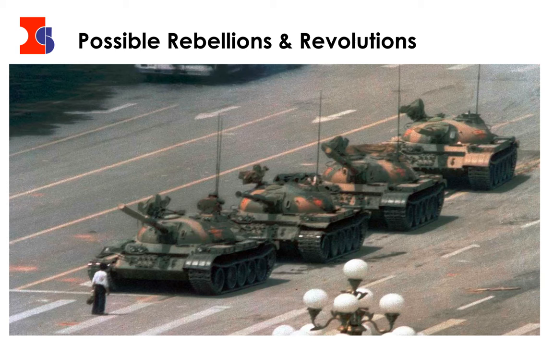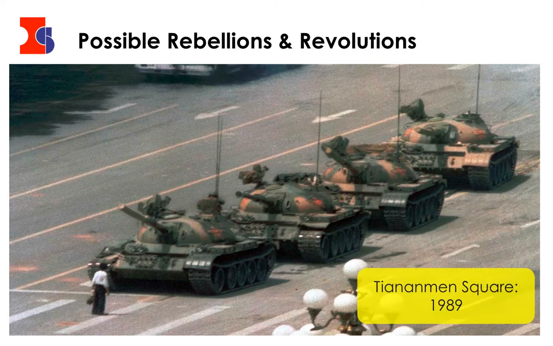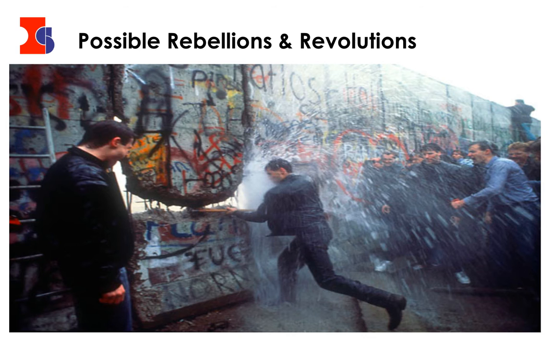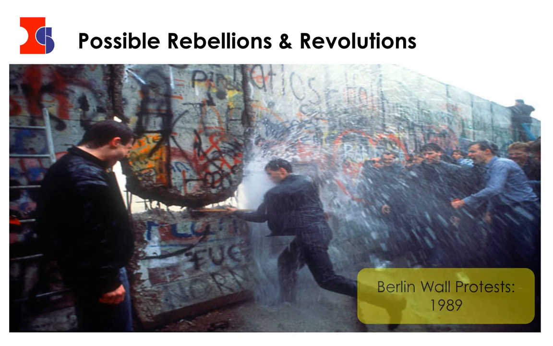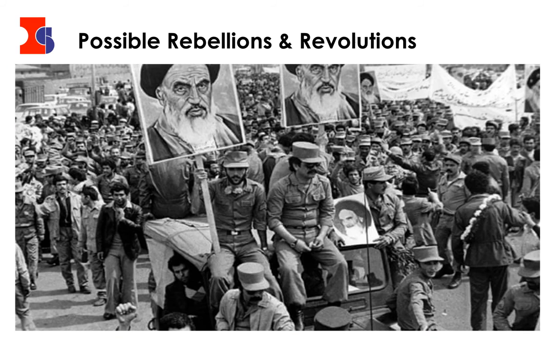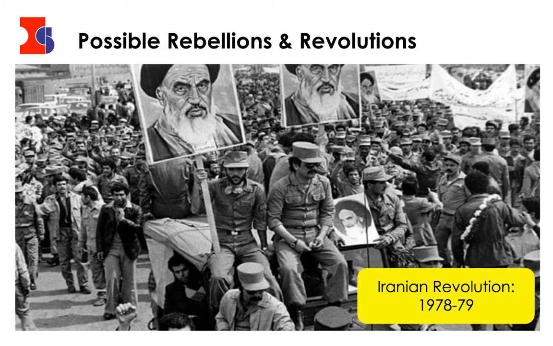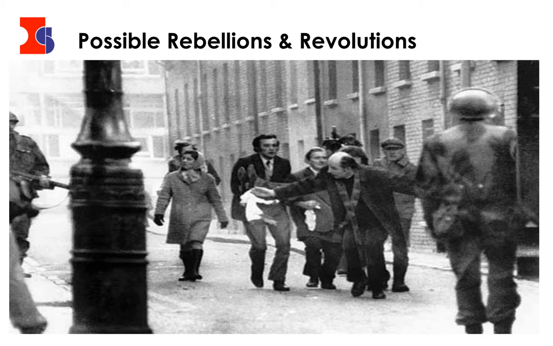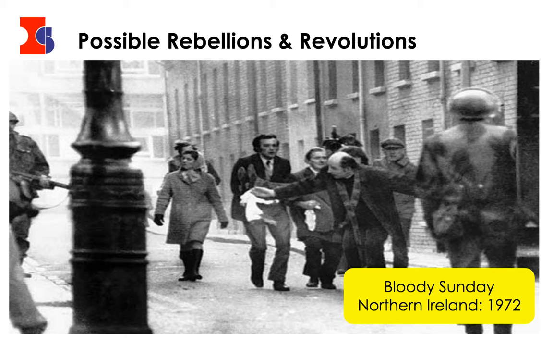This is from the Tiananmen Square protests of 1989. We have the fall of the Berlin Wall in 1989. We have the Iranian Revolution, okay? This is the protests of Bloody Sunday in Northern Ireland in 1972.